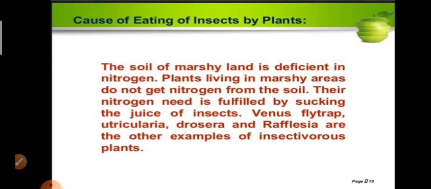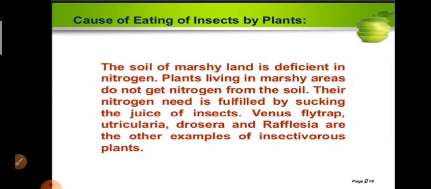The soil of marshy land is deficient in nitrogen. Plants living in marshy areas do not get nitrogen from the soil. Their nitrogen need is fulfilled by sucking the juice of insects. Venus flytrap, Utricularia, Drosera, Rafflesia are the other examples of insectivorous plants.